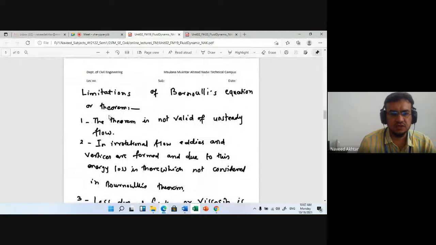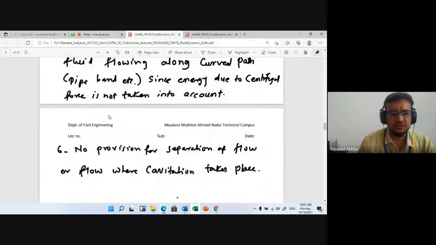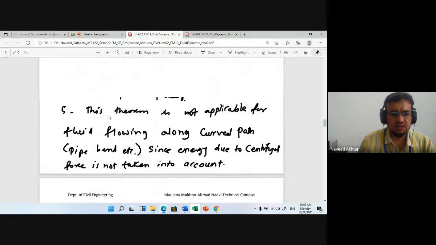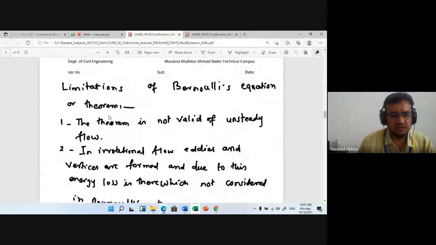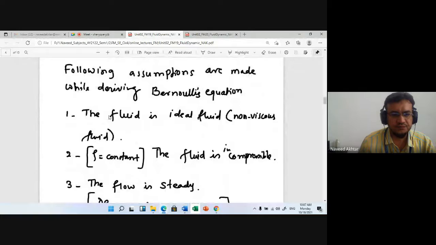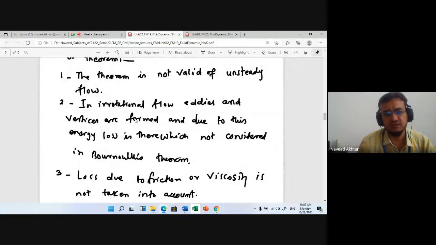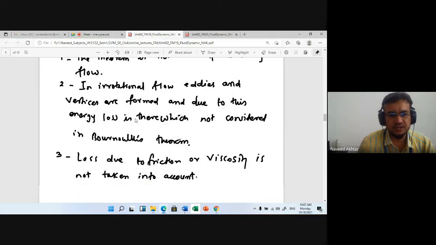We also saw the limitations of Bernoulli's theorem, which are based on the assumptions made in the theorem. The theorem is not valid for unsteady flow. In real flow, eddies and vortices are formed, and the resulting energy loss is not considered in Bernoulli's theorem.